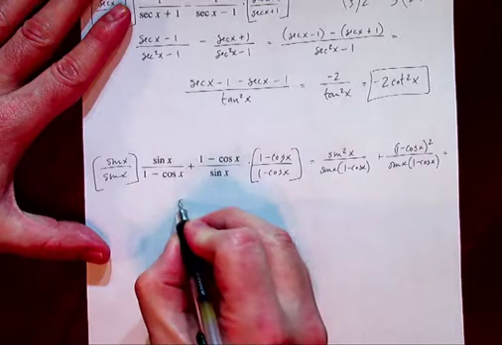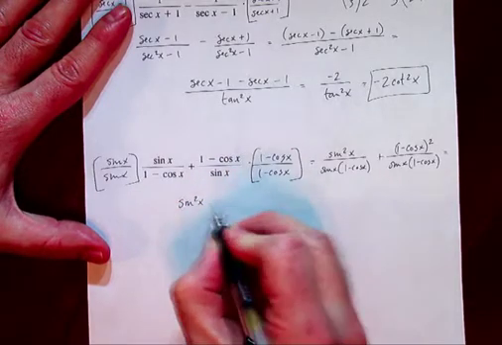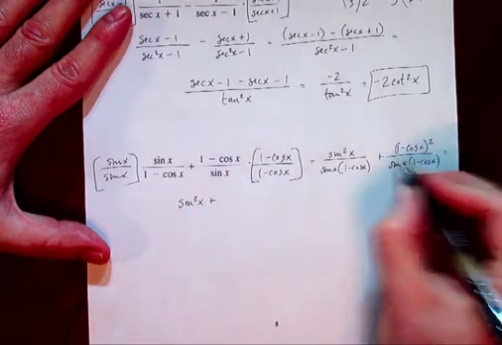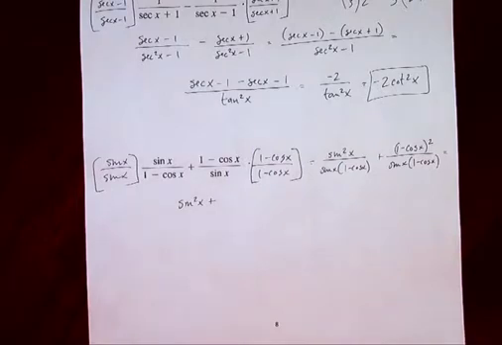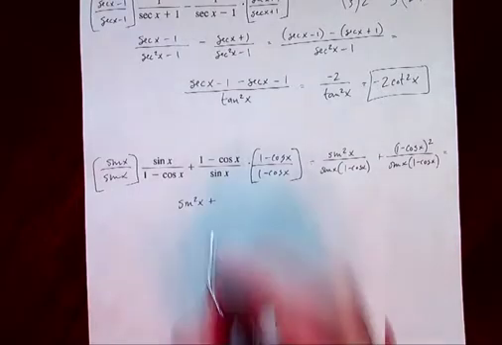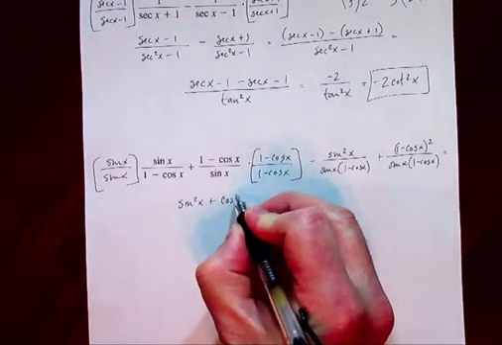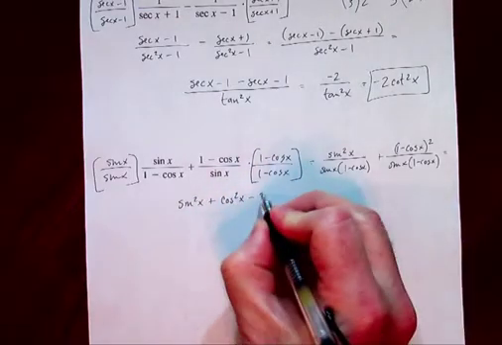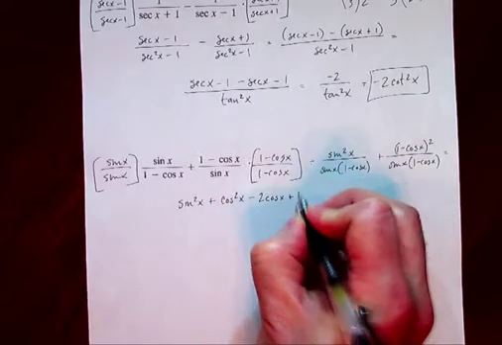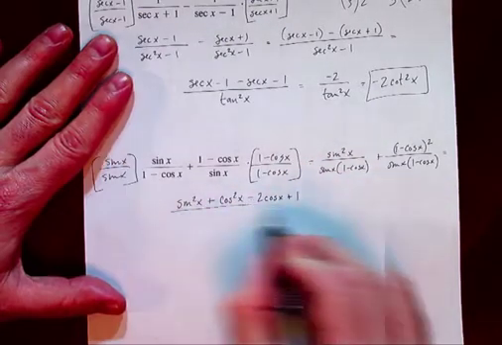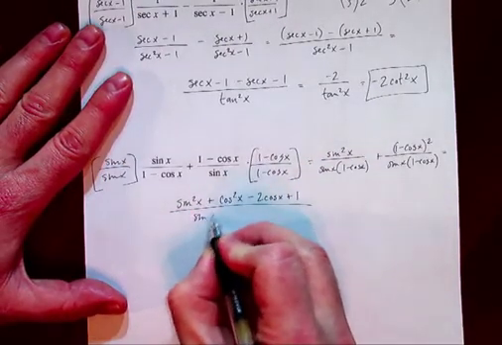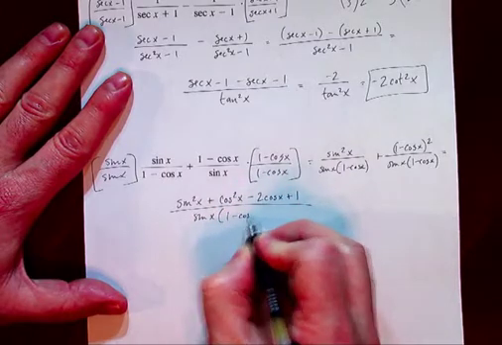But we do need to go ahead and push them together. And when I square 1 minus cosine x, remember, because it's squaring, it's the same as squaring cosine x minus 1. And that becomes cosine squared x minus 2 cosine x plus 1, all of that over sine x, 1 minus cosine x.